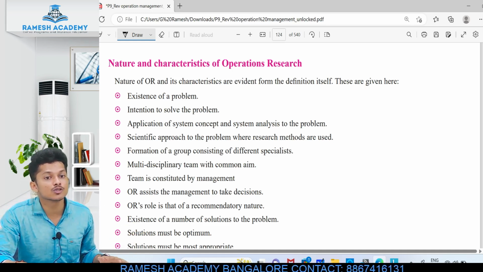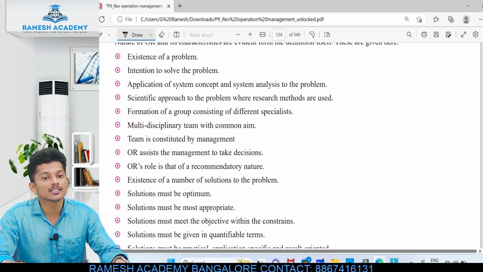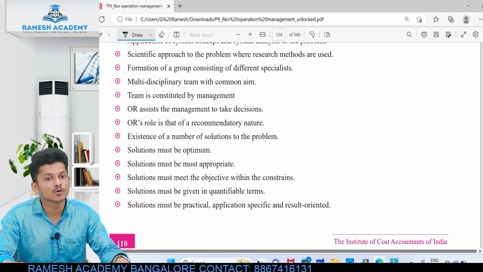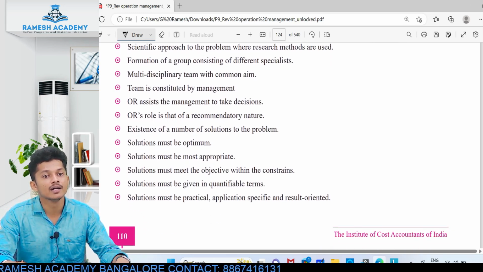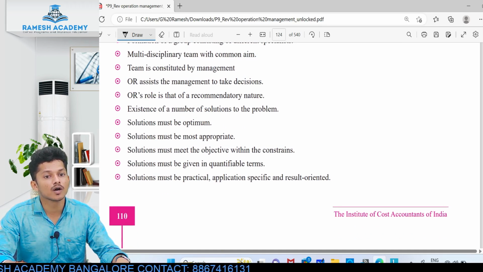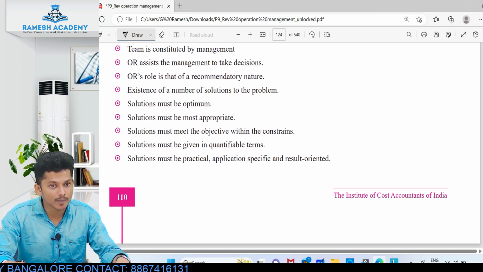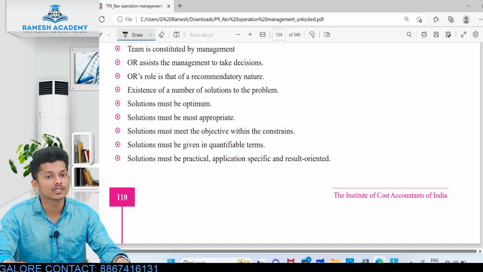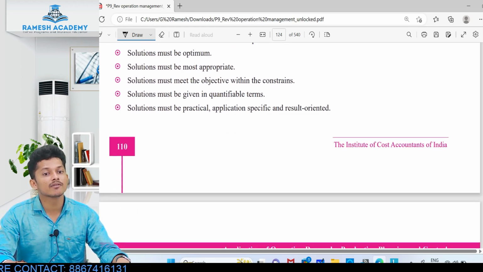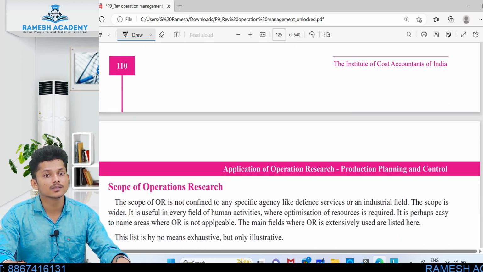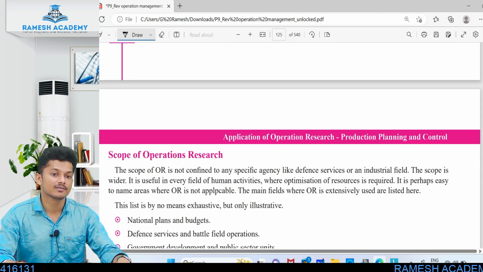Next, intention to solve the problem, of course, application of system concept and system analysis to the problem, scientific approach, and formation of a group consisting of a multidisciplinary team, and the team is constituted by management, OR assistants and so on. And then the solution must be optimum and appropriate and it must meet the objective within the constraints, and the solution must be given in quantifiable terms. So the solution must be practical, applicable, specific and result oriented.